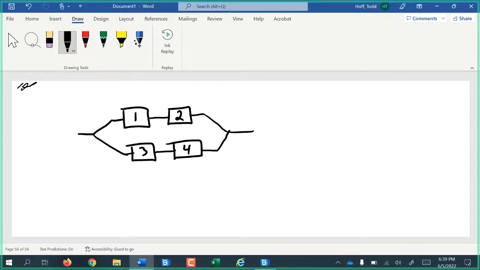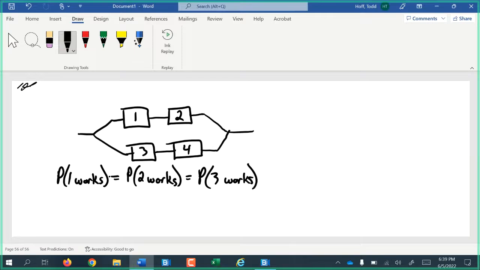And the probability that each of these work, the probability that device 1 works, is equal to the probability that device 2 works, which is equal to the probability that device 3 works, and is equal to the probability that device 4 works. And I'm going to put in a number here that the randomized system won't use. I'm going to say that probability is 0.35.